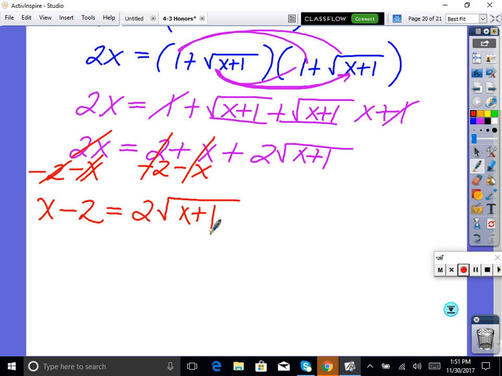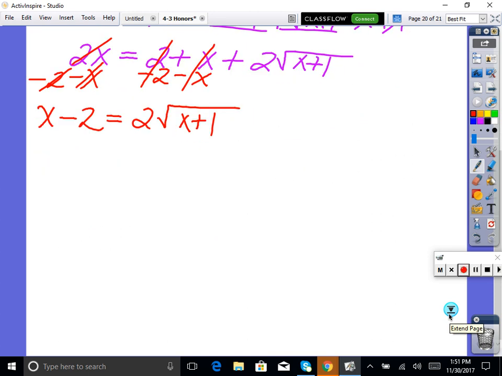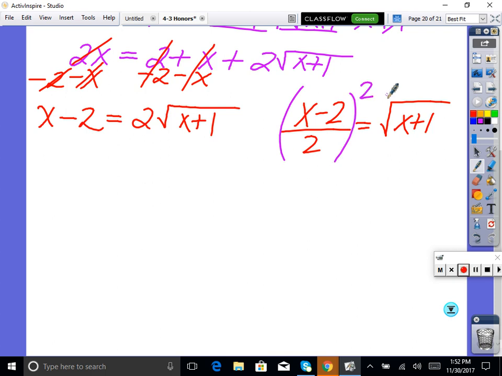Now guess what people want to do next? They want to divide by 2, but then if I did that, now I have fractions. Watch. If I divide by 2, I have x minus 2 divided by 2 equals the square root of x plus 1. And then when I square both sides, I don't want to have to deal with fractions. So instead, I'm going to leave it. I'm going to just square both sides here.